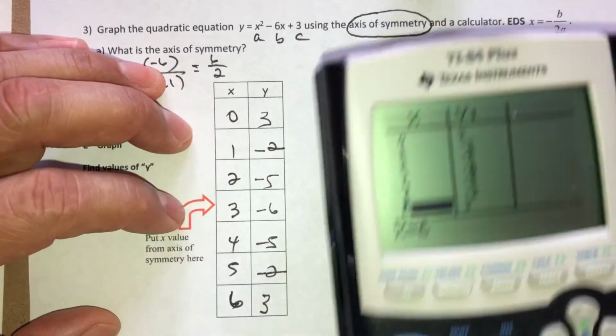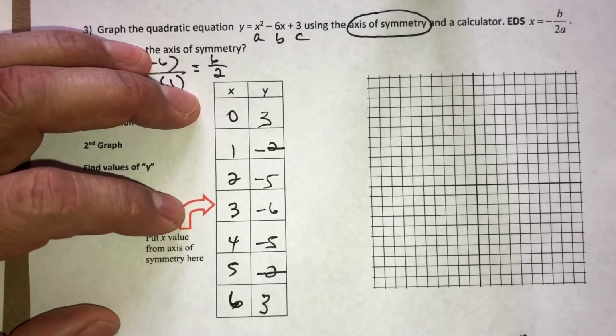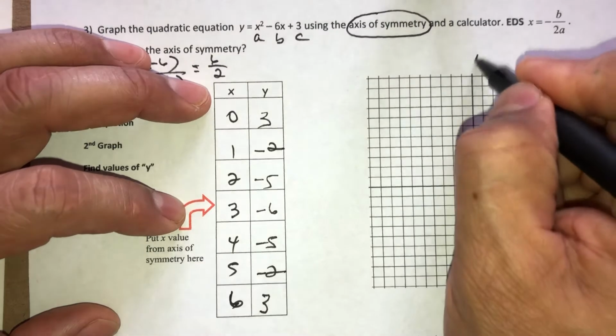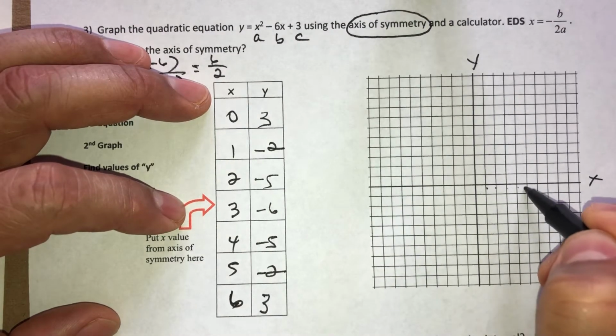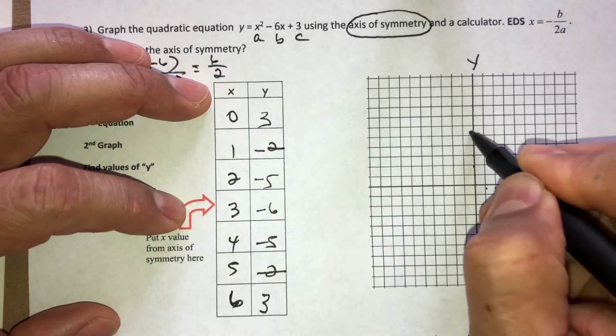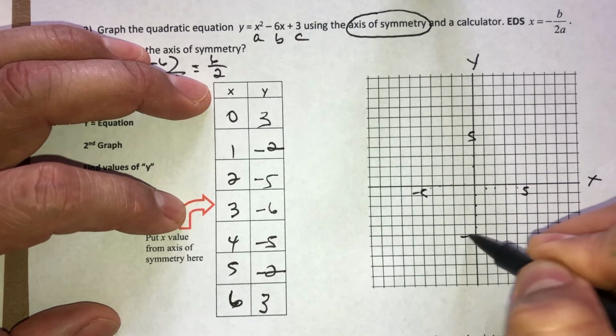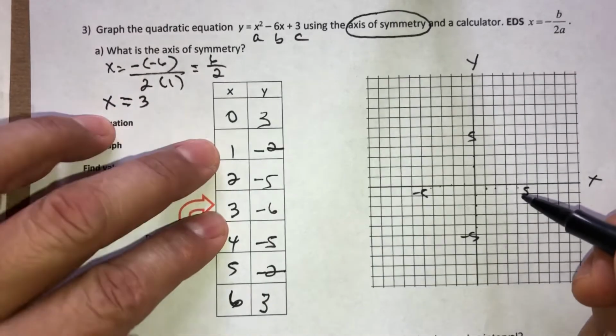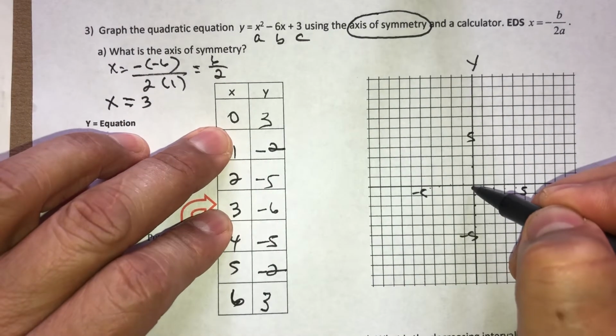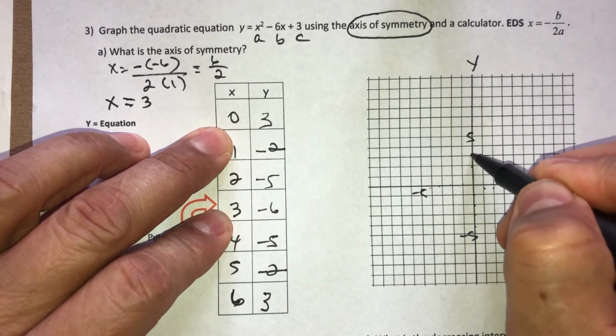So now let's graph those points, all right? To graph those points, I'm going to go to my x, y: 1, 2, 3, 4, 5, and down 1, 2, 3, 4, negative 5. So let's graph those points. When x is 0, I don't move, I go up 3: 1, 2, 3.